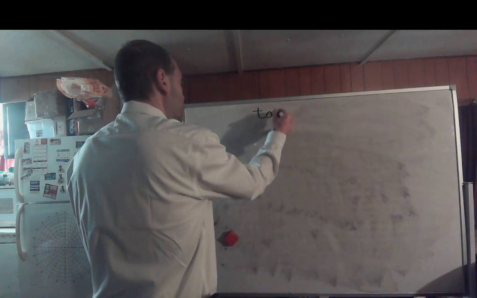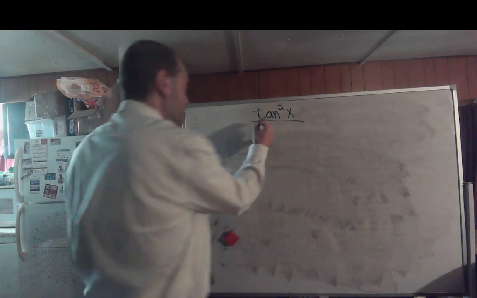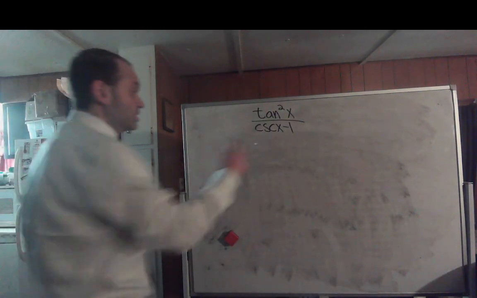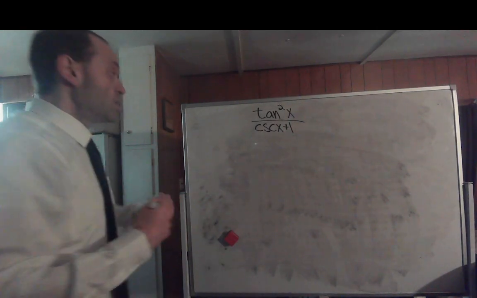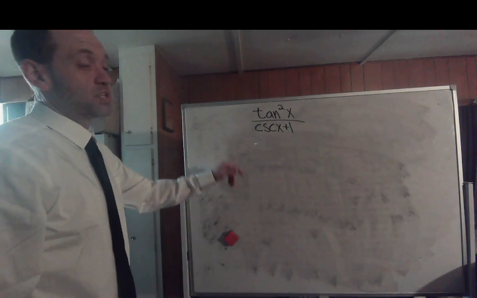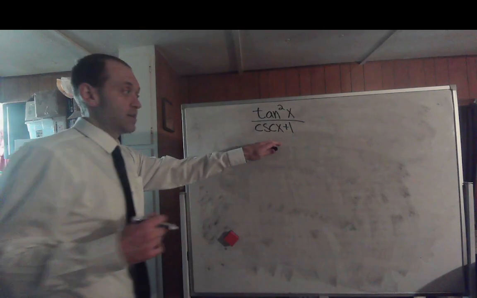Alright, let's see. We have the tangent squared of x all over the cosecant of x minus 1. No, I'm sorry, plus 1. Excuse me. It's the cosecant of x plus 1. Well, again, to solve this, you want to probably multiply the numerator and denominator by the conjugate of the denominator.